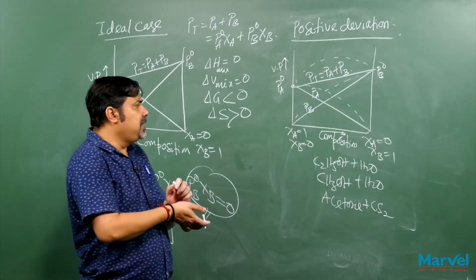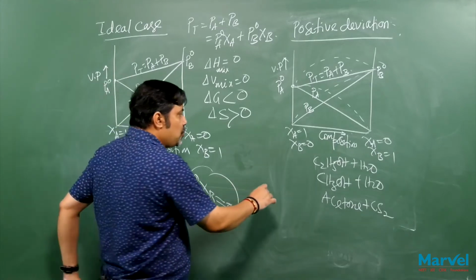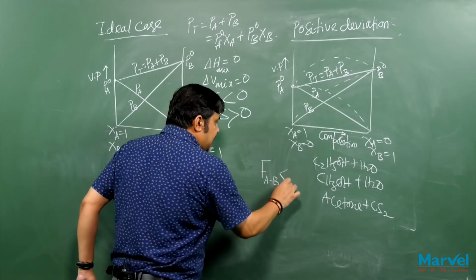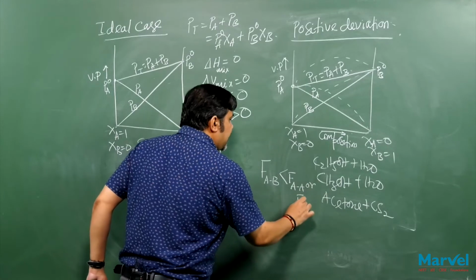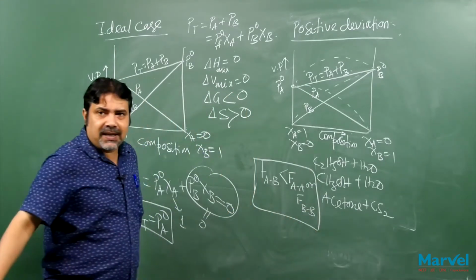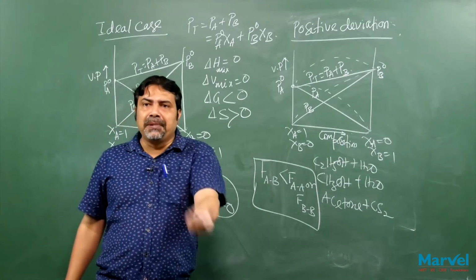So in positive deviation, why is this positive deviation arising? The idea you need to know: the force of attraction between A and B will be lesser than the force of attraction between AA or between BB. That means in a mixture of liquids, the force of attraction between AB will be lesser compared to that in the pure state.